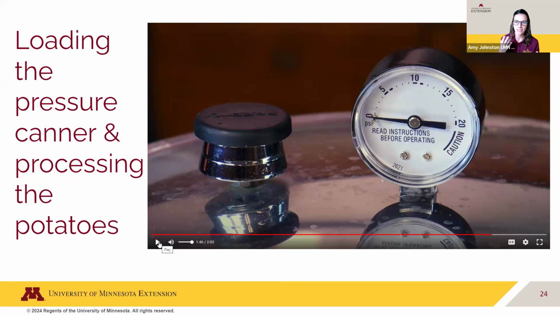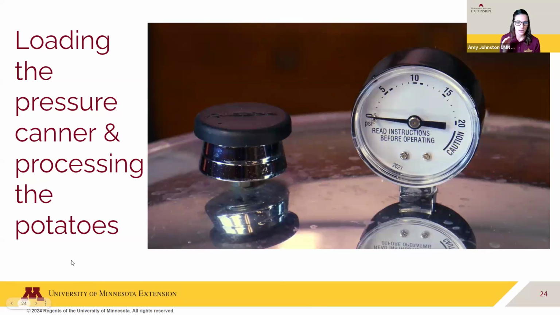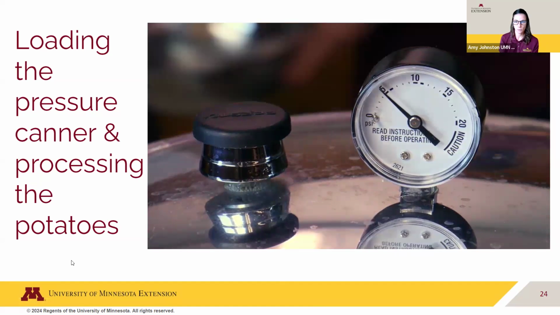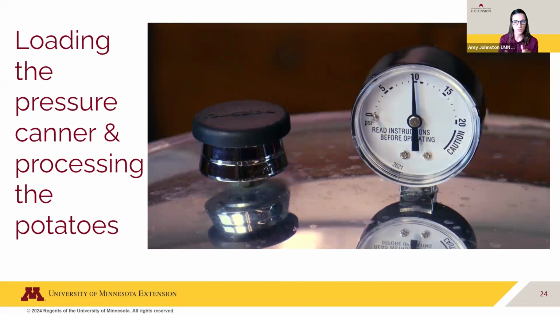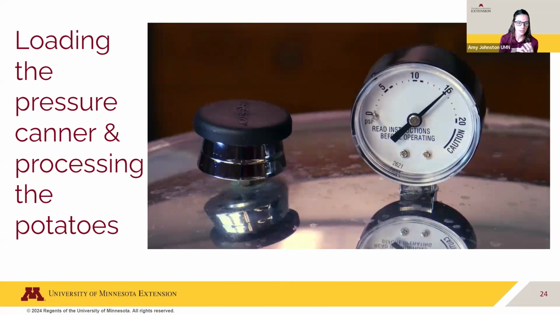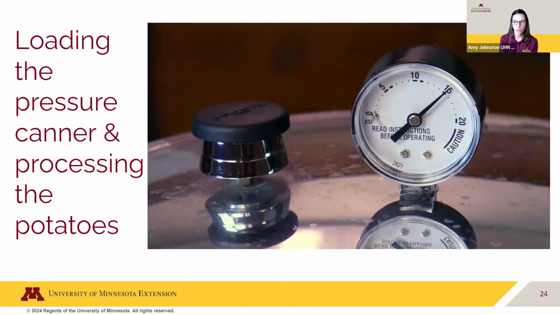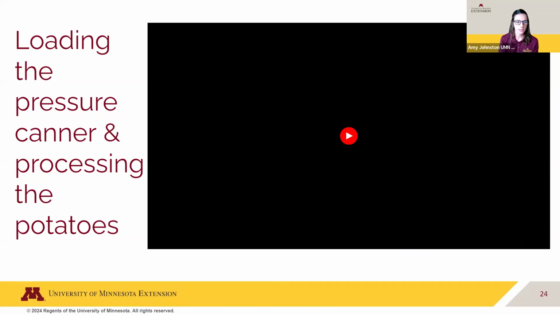So as the water continues to boil and makes steam, the vapor pressure inside the canner is going to increase, which is then also going to increase our air pressure. And remember that boiling occurs when the steam pressure and the air pressure are equal. So as the air pressure increases, the temperature that the water needs to boil is going to increase.